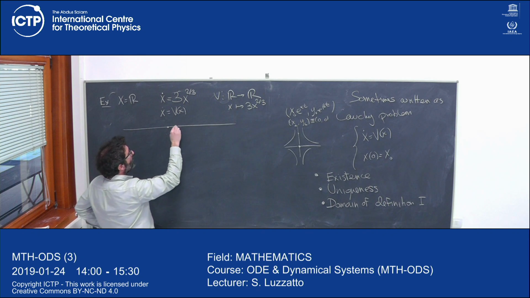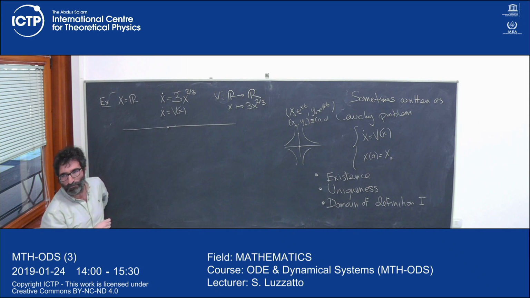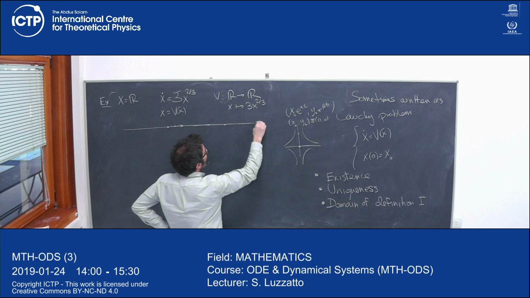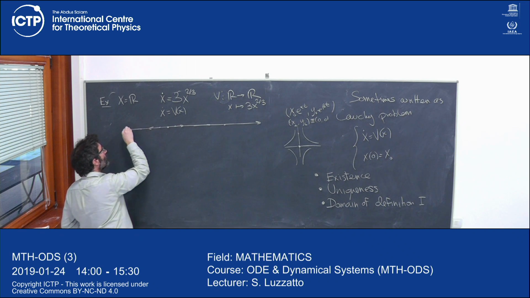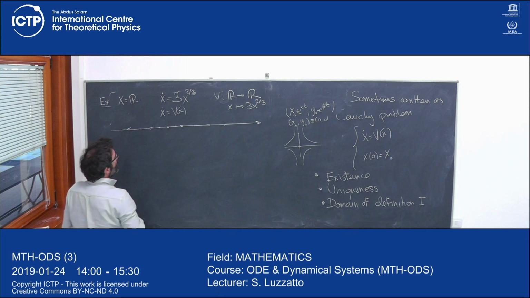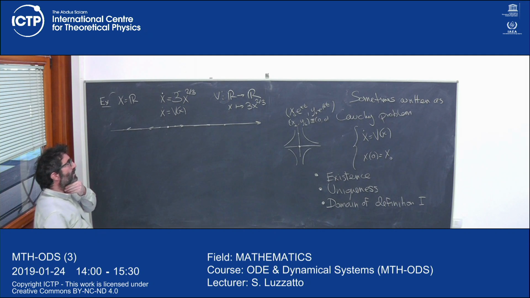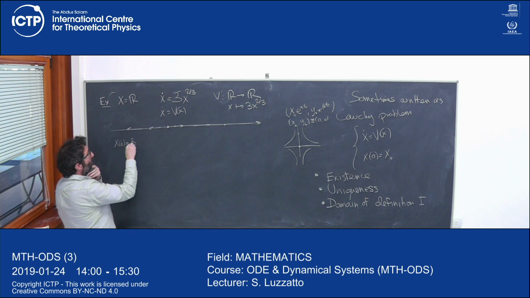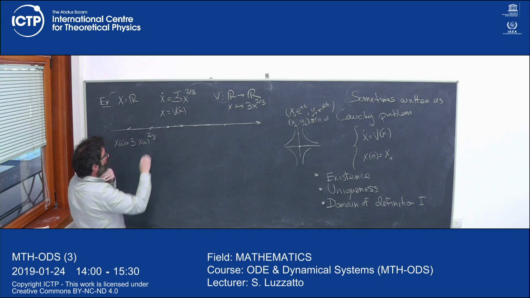And what do the vectors look like here? Which direction are they pointing in? They're pointing in the positive direction. As you get further away, they're getting bigger and bigger, like this, and the same thing on this side. So what we're looking for now is some function x of t that will satisfy x dot of t equals 3 x of t to the 2/3.